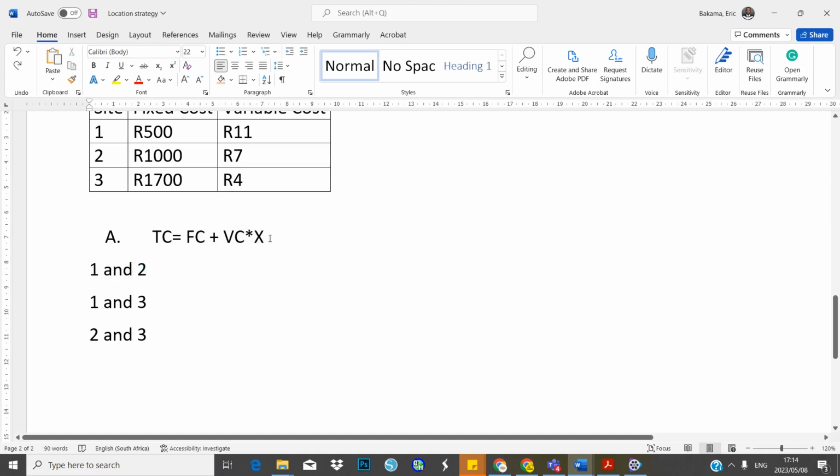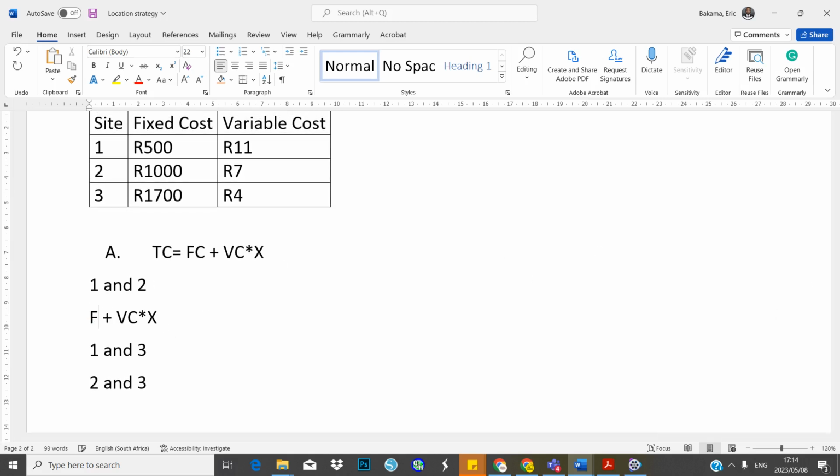Now, if I come back here, I'm going to use the same formula. We're going to work for the first one. If I look at site 1, the fixed cost is 500 plus the variable cost, which is 11 rand times x.